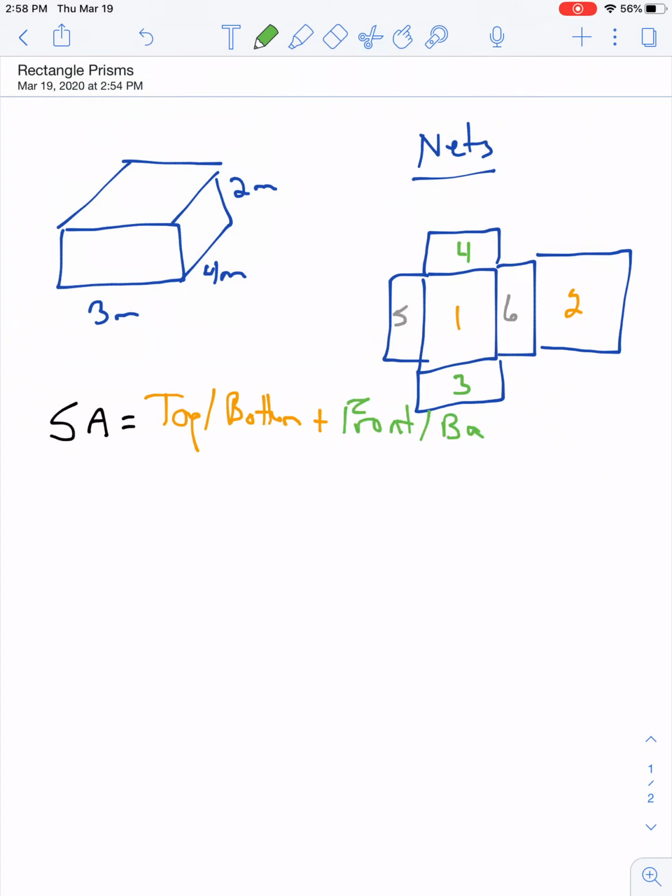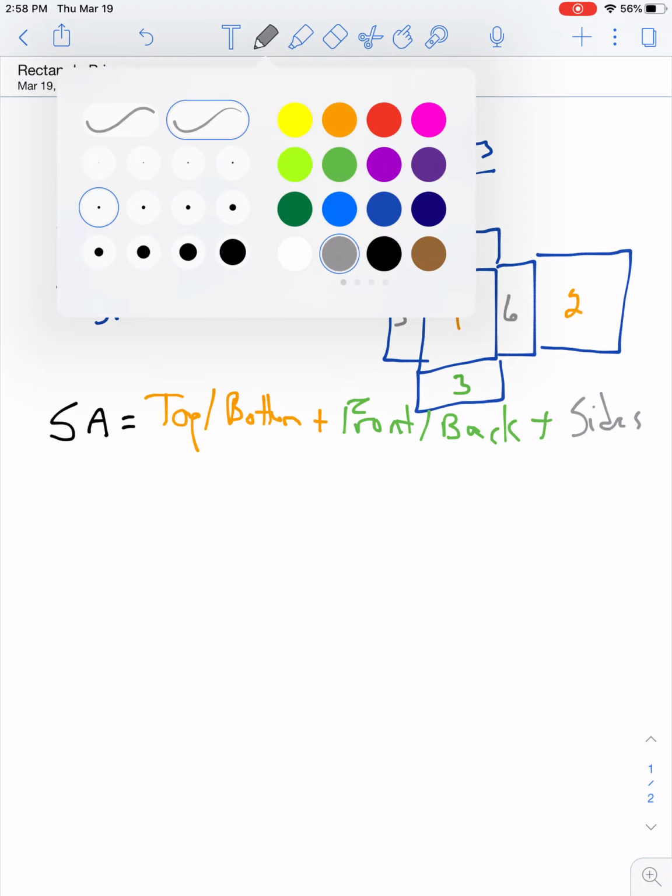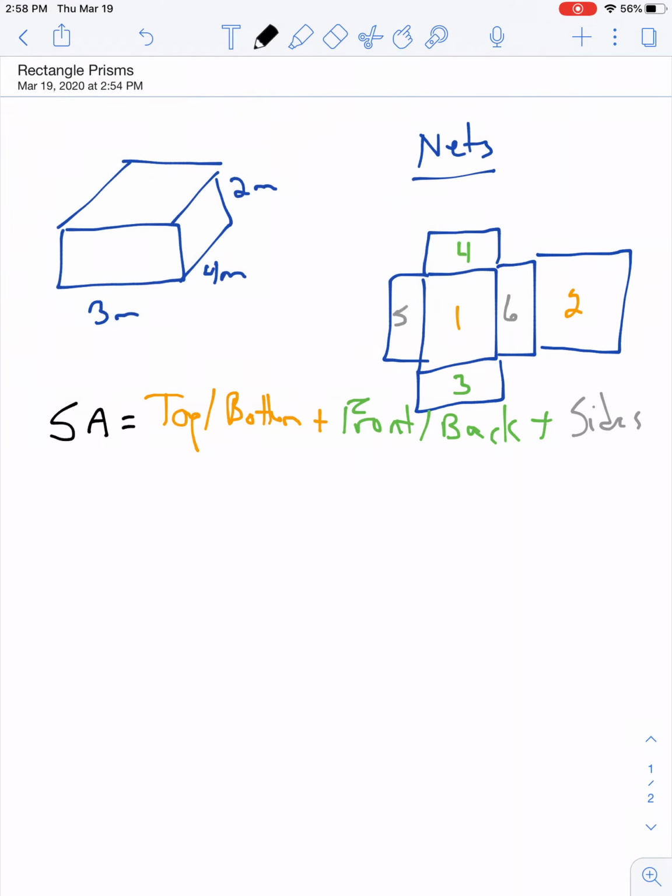And then I'm going to add my sides. Obviously there's a left side and a right side. So top and bottom would be numbers 1 and 2, front and back would be 3 and 4, and my sides are 5 and 6.